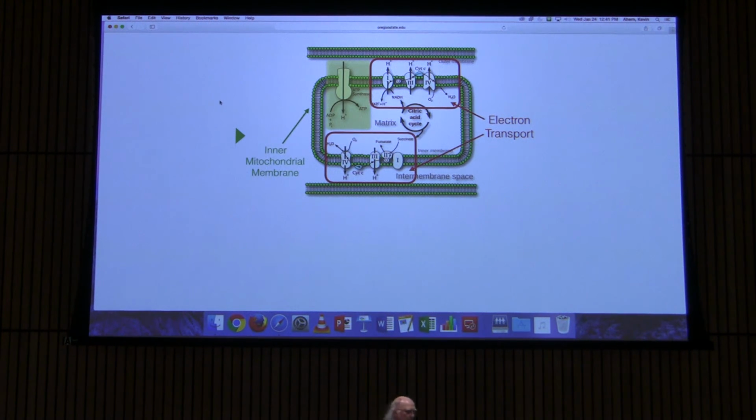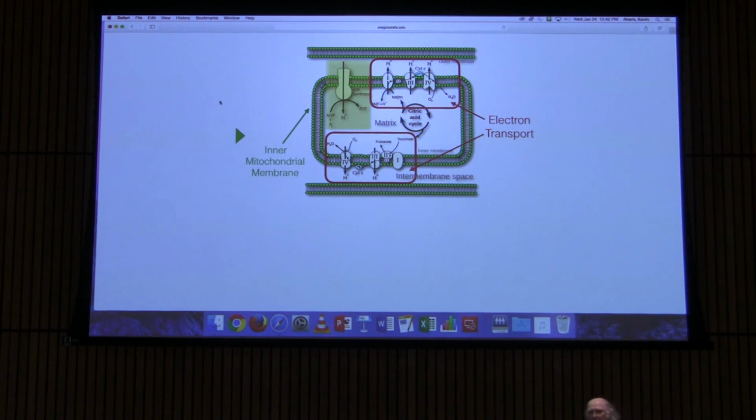About 3. It's not exact because protons can do a variety of things. They don't all have to go to make ATP. But about 3 ATPs result from electrons from NADH. And no, I haven't said how the ATPs are made yet. I will.